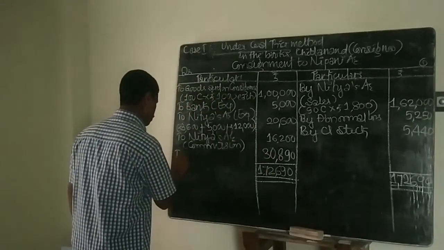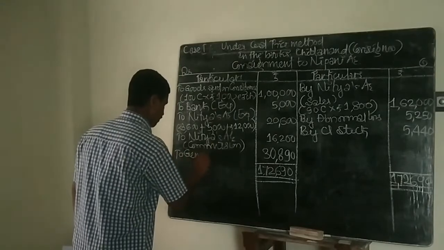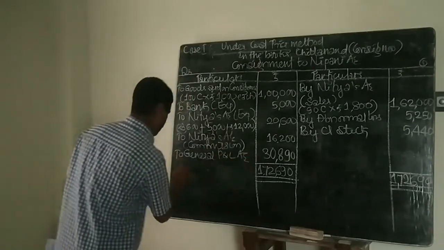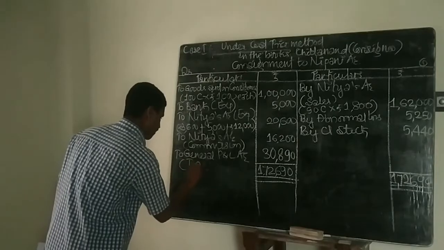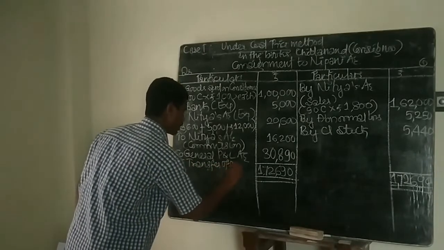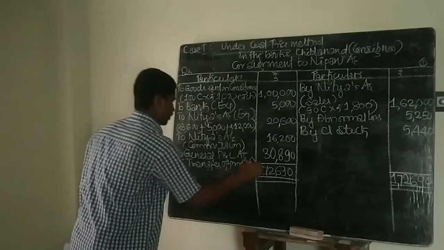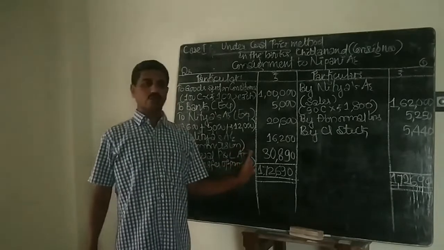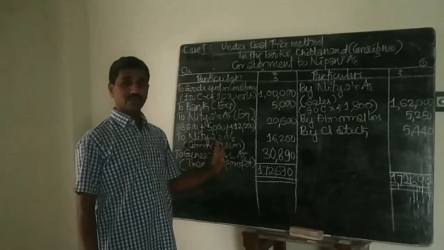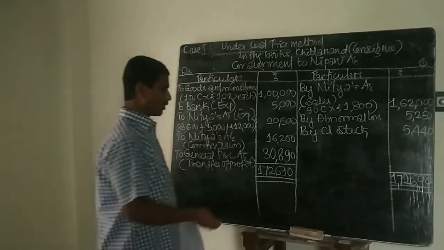This is transferred to general P&L account. In the bracket we write transfer of profit. So this much of profit we are going to arrive at, that is 30,890, when the cost price method is followed.